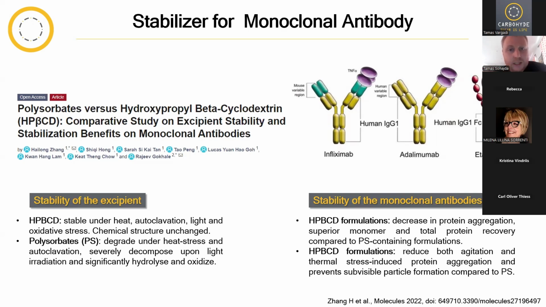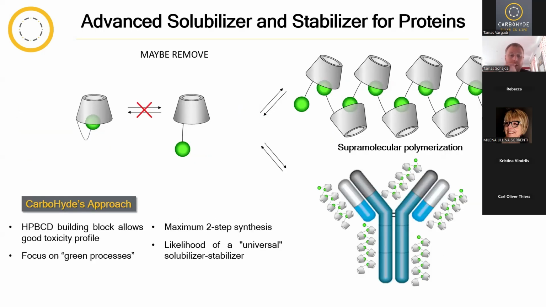There are a lot of case studies showing that cyclodextrins can work in formulating proteins, and they are, of course, a very safe choice in excipients when formulating proteins. So it's a wise choice to have on the shelf if you develop formulations in this aspect.